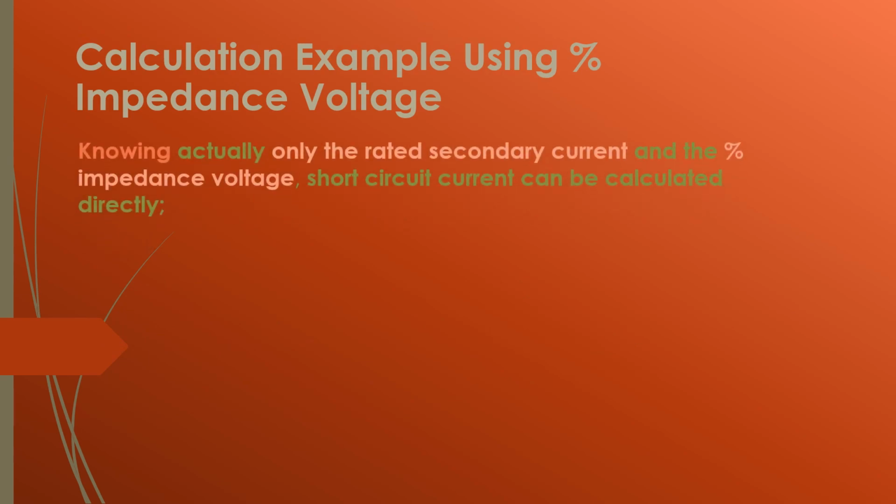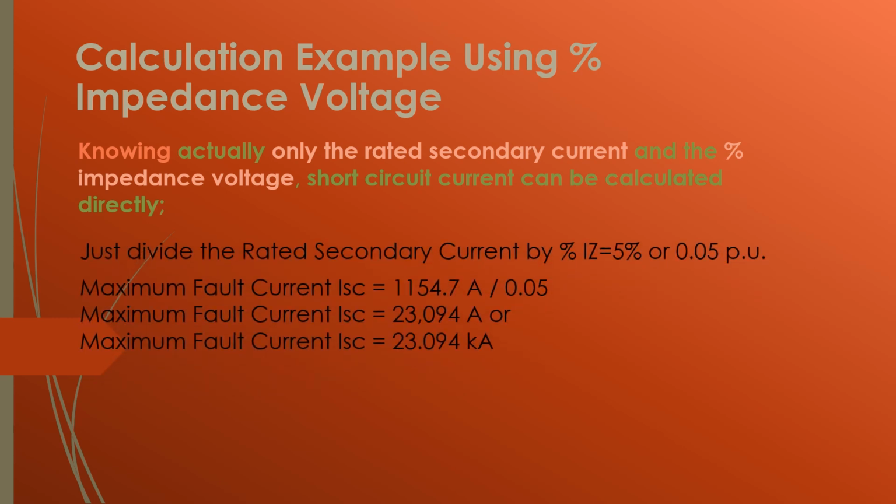Now let us check: if we know only the rated secondary current and the percent impedance voltage, short circuit current can be calculated directly. Just divide the rated secondary current by the percent impedance voltage or the equivalent per unit value of this impedance voltage.